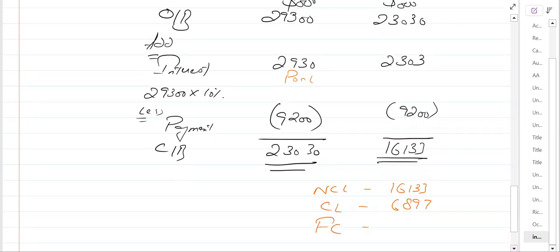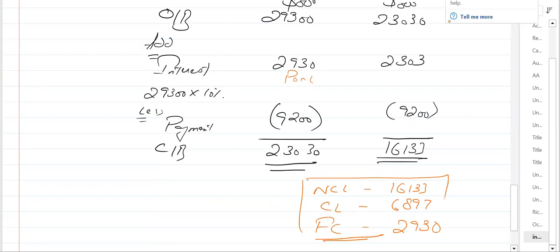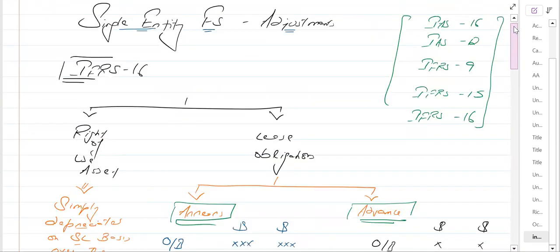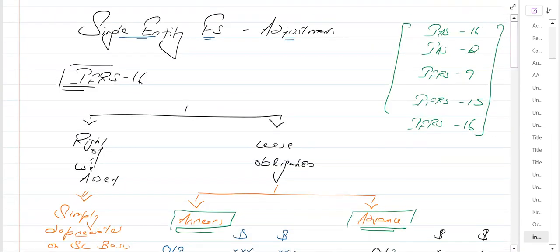So these are the extracts for the financial statements. So this is how lease working is done. It's quite simple, and every question is the same. There's nothing special in it. So now you can practice further questions from the Kaplan kit and the past papers, and this is how the lease adjustment is done.